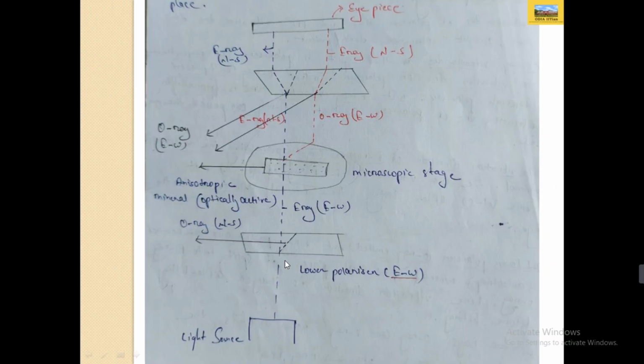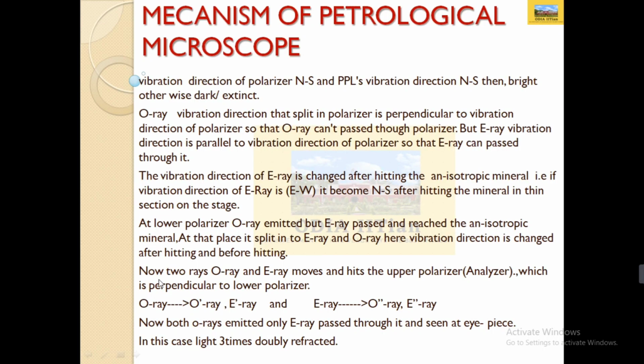In this case the E ray पहले आया था lower polarizer से. After hitting the anisotropic mineral it divided into E ray and O ray due to double refraction. E ray का vibration direction east-west था, अभी हो गया north-south, and O ray का vibration direction हो गया east-west. Now the two rays, that is O ray and E ray, move and hit the upper polarizer, that is called the analyzer, which is perpendicular to the lower polarizer.